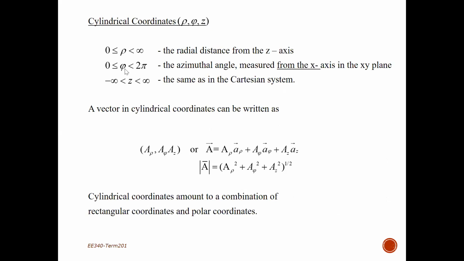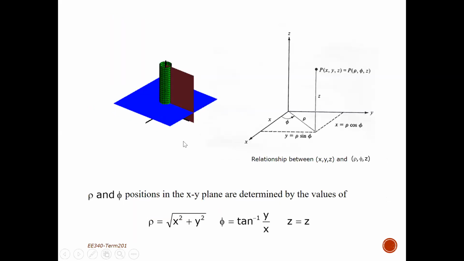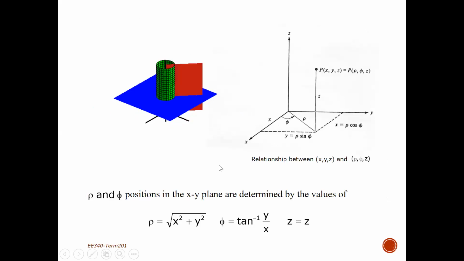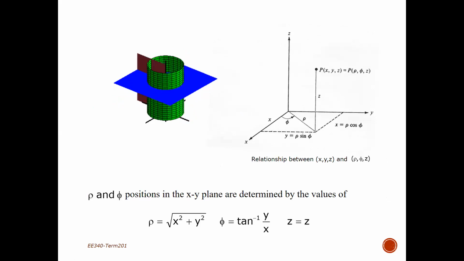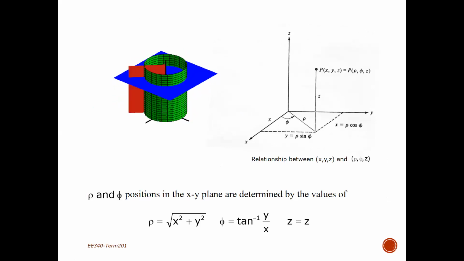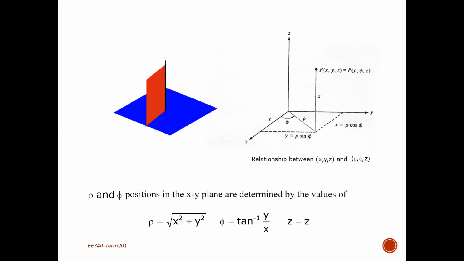Now, phi is called the azimuthal angle and rho is called the radial distance in cylindrical coordinates. And how to visualize this? See this one. So this is your cylindrical coordinates. Unlike Cartesian or rectangular coordinates, where you have constant x, y, z planes which are flat, here it's not the case.